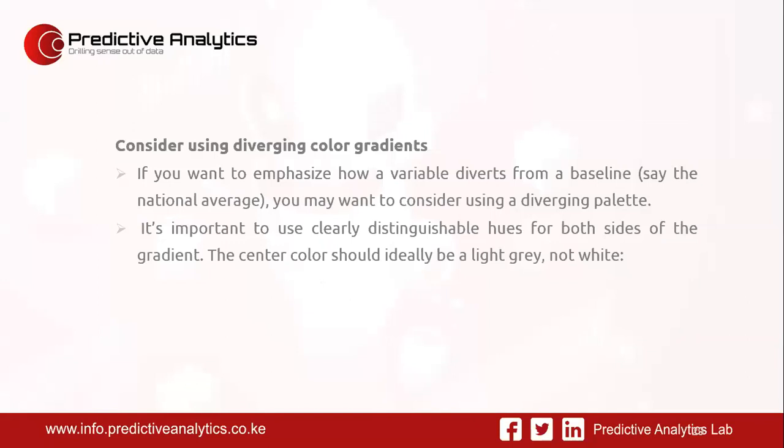If you want to emphasize how a variable diverts from a baseline, say the national average, for example, you may want to consider using a diverging palette. It's important to use clearly distinguishable hues for both sides of the gradient. The center color should ideally be a light gray, not white.